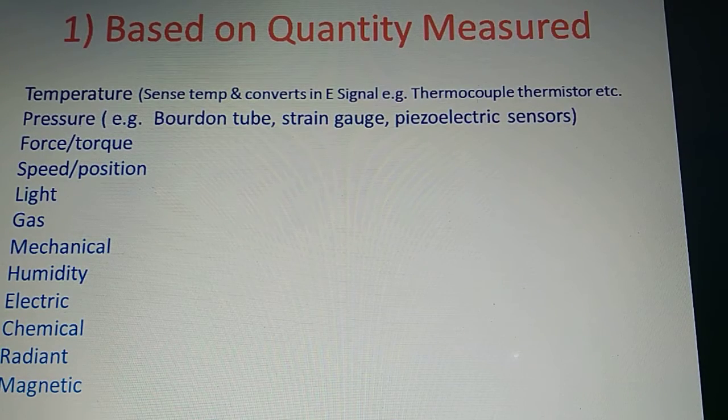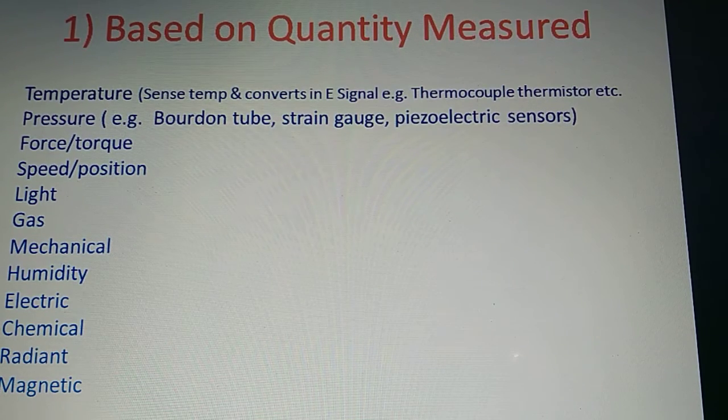And what is the basic requirement of the device which you are going to manufacture? The basic requirement of this device is that it must sense a temperature and it must convert that temperature physical quantity into an electrical signal.